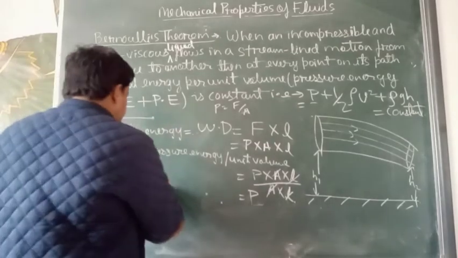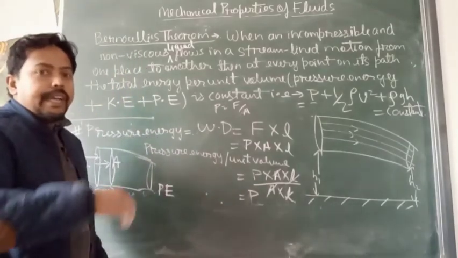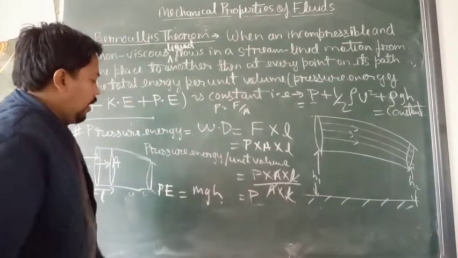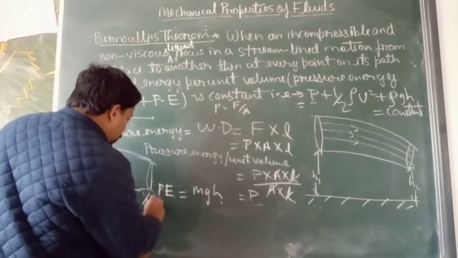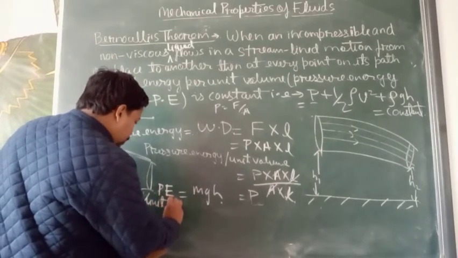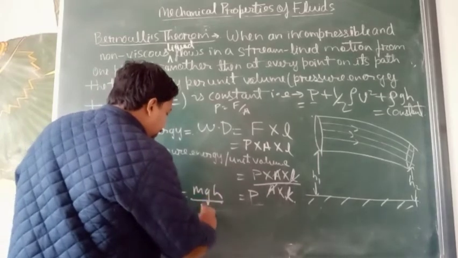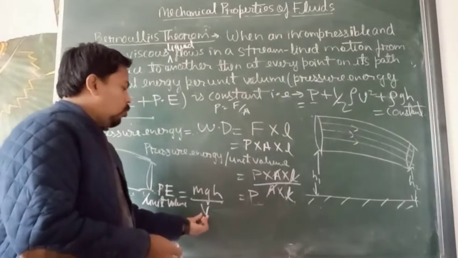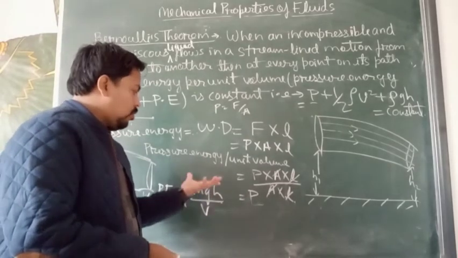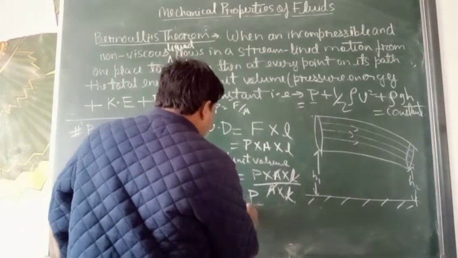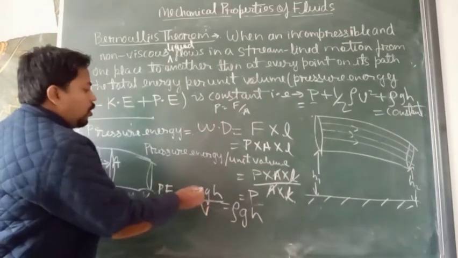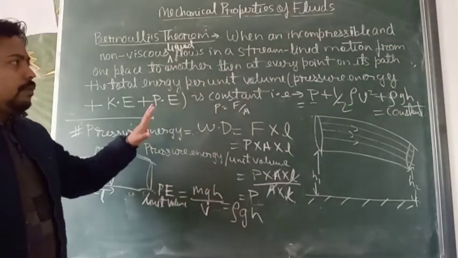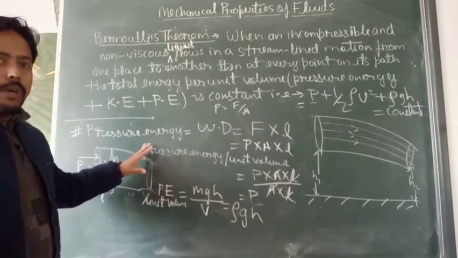So we know that potential energy for a mass m which is at h height, we denote it by mgh. And when divided by per unit volume, I can write it by dividing it by V, if V is the volume of that liquid which is at h height and m is the mass of that liquid. So this will reduce to rho into g into h, because mass upon volume is what? Density. So from here we got these equations, the mathematical description of these terms.